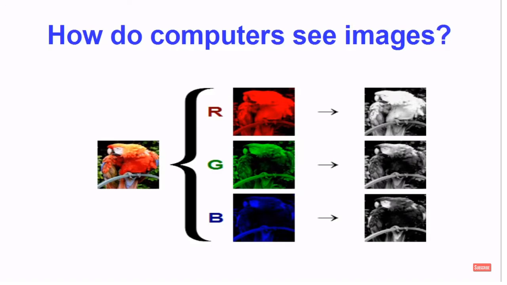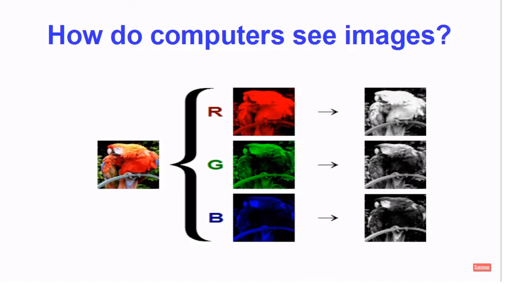If we have three different numbers for one pixel, and the picture is of 1.3 megapixels, how many numbers will it need? It will require about 3.6 megapixels.